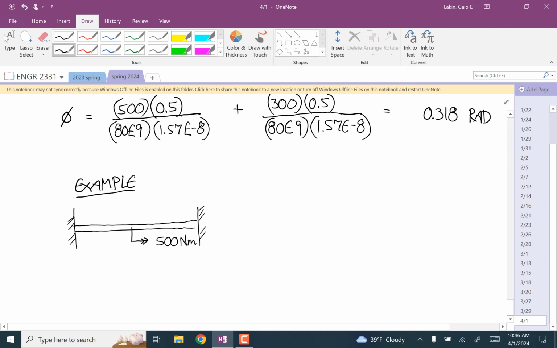Okay. And again, let's say this thing is 1 meter. And let's use those same properties. So G is equal to 80 times 10 to the 9. Polar moment of inertia is 1.57 times 10 to the minus 8.